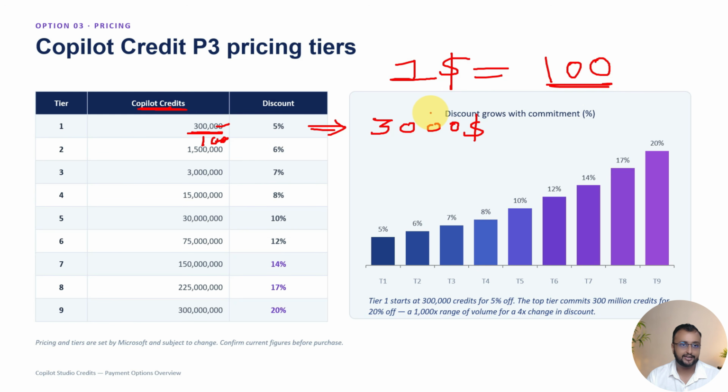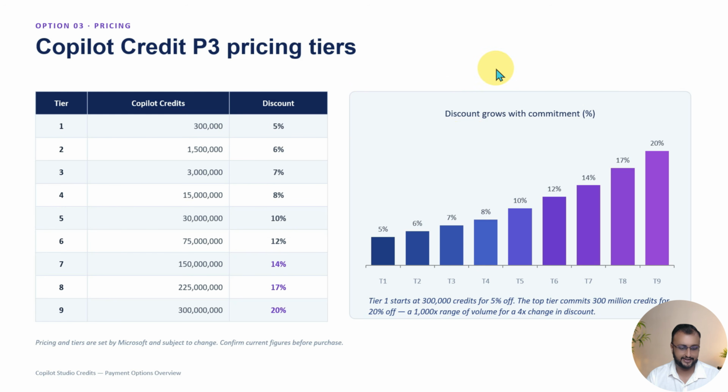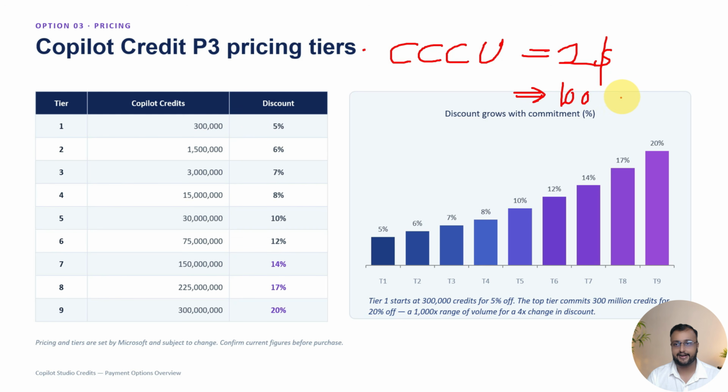Every Copilot credit commit unit costs you $1, in which you are getting 100 credits. So this is how it is being formulated. One Copilot credit commit unit will cost you $1, and in $1 you are getting 100 credits.